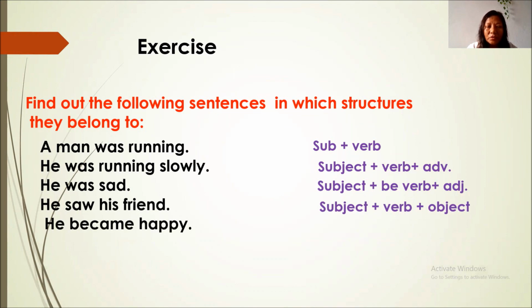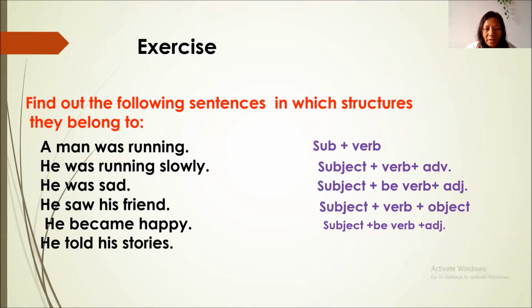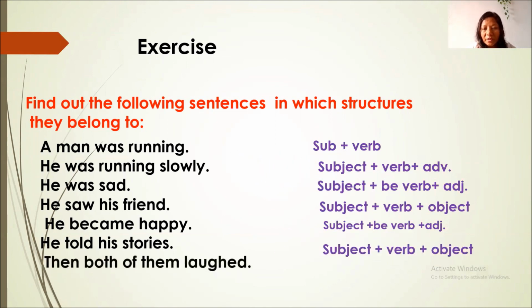He became happy. He is the subject, became is the verb, happy is the adjective. So the structure is subject plus verb plus adjective. He told his story. He is the subject, told is the verb, his story is the object. Then, both of them laugh. Both of them is the subject and laugh is the verb, so subject plus verb.